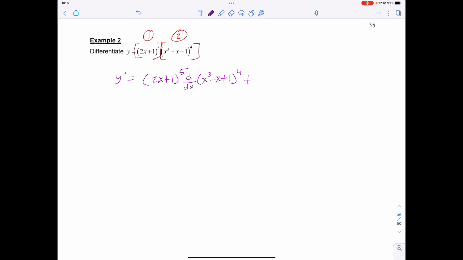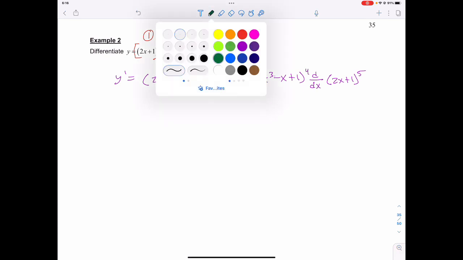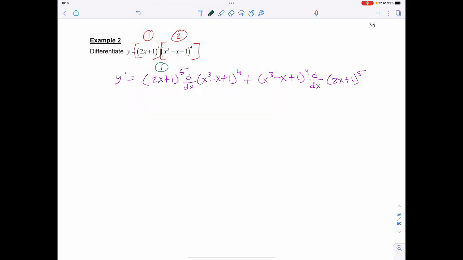And I'm going to add to that factor 2, (x cubed minus x plus 1) to the power of 4 times the derivative of factor 1. So we have 1 times d2 plus 2 times d1, just like with our product rules.